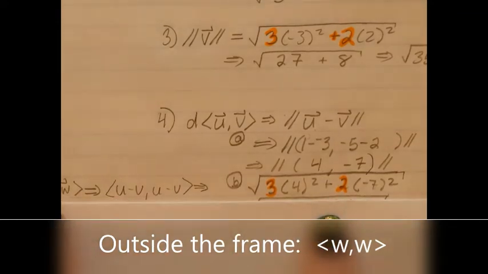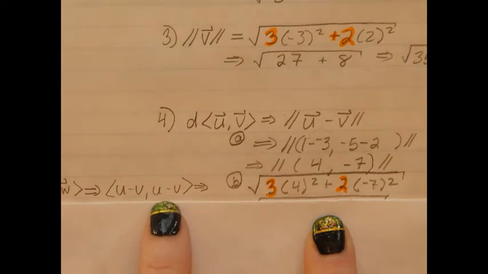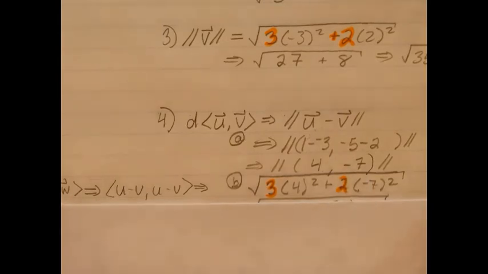So u and v, and I'm just showing you what it would have been if you had two of the same, or just something different over here. That's why I use vector w. So I got u minus v and u minus v.